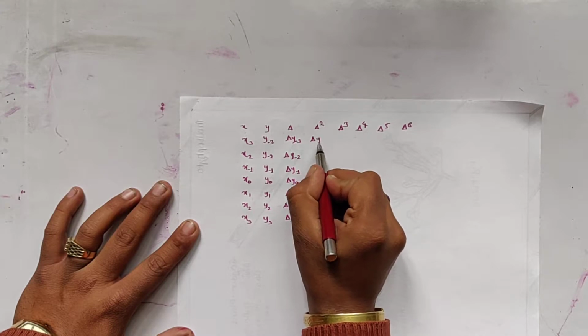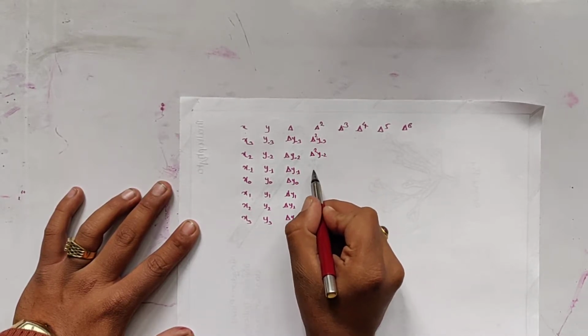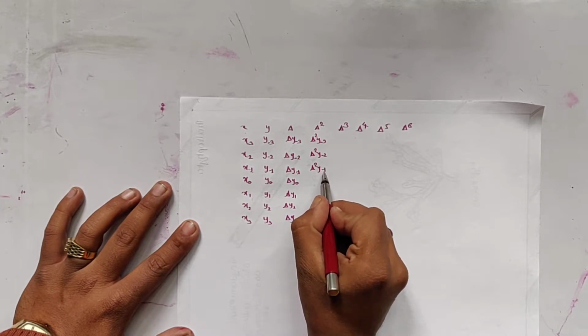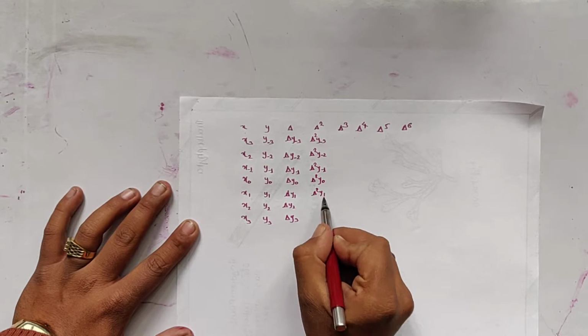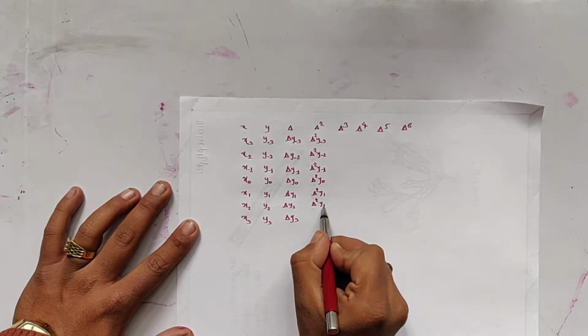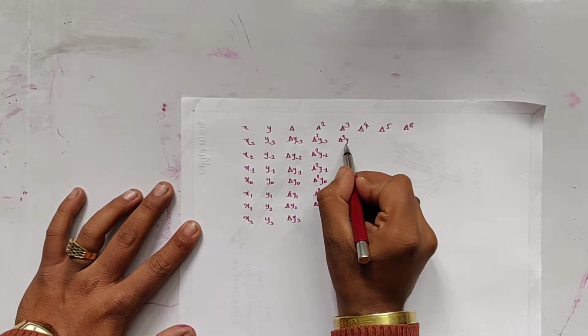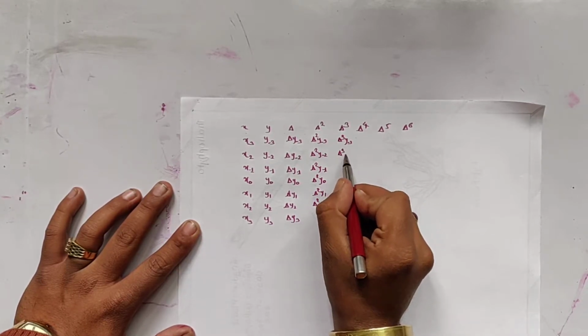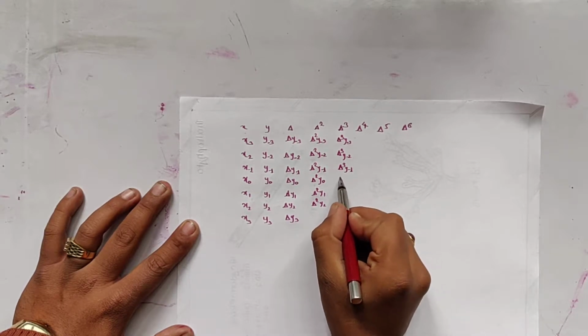Similarly, del square y minus 2, del square y minus 1, del square y naught, del square y1, del square y2.